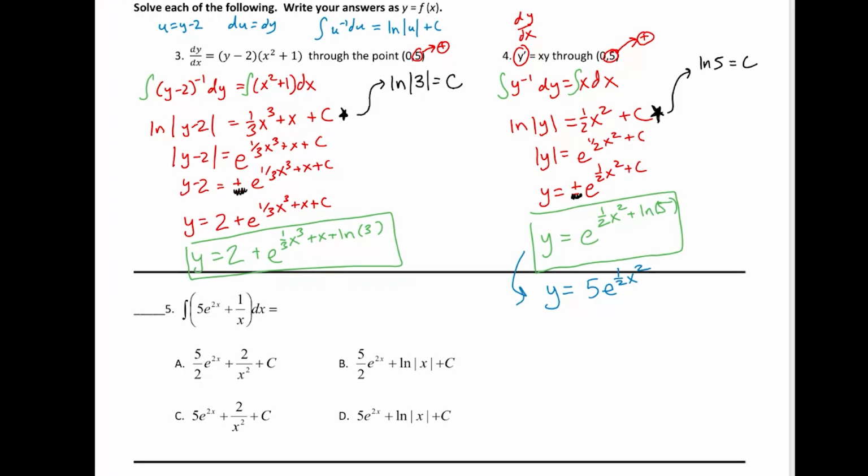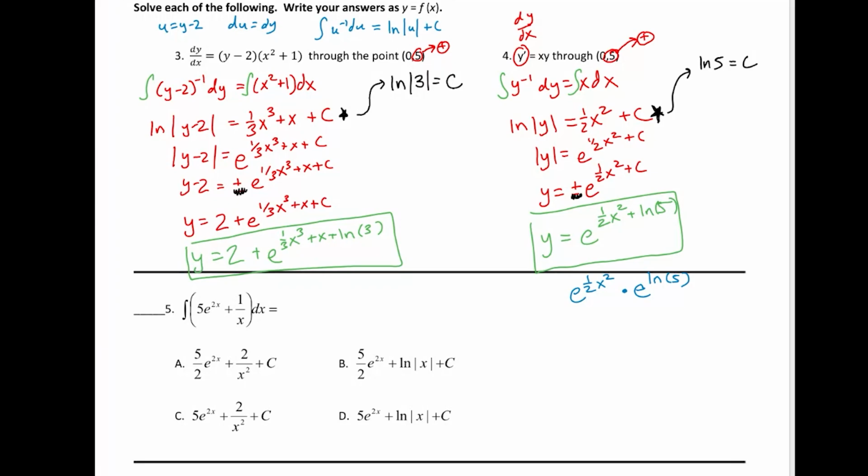So basically what you could do, and this is not something you have to do on a free response, but you might have to be able to recognize this on a multiple choice, is we can actually rewrite that expression. Let me erase this so we can see how we get there. It's y equals e to the 1/2 x squared power times e to the natural log of 5.